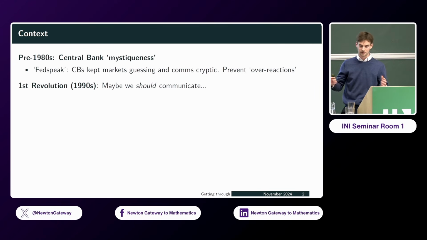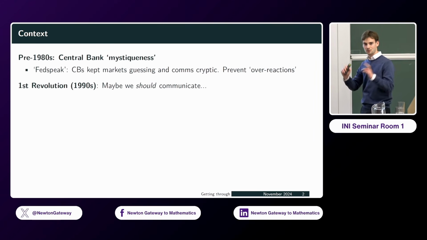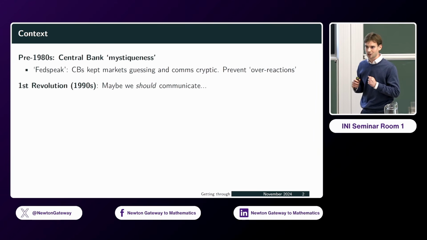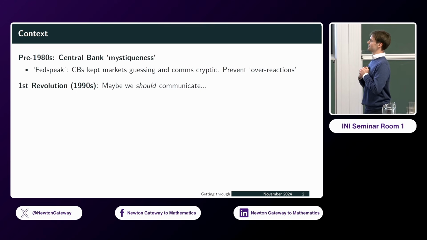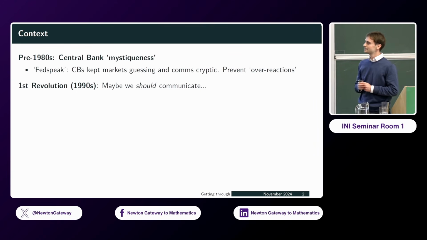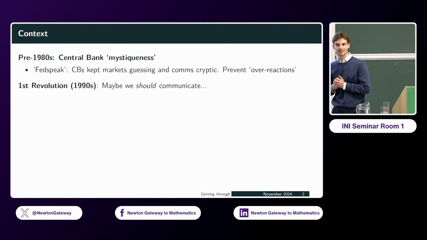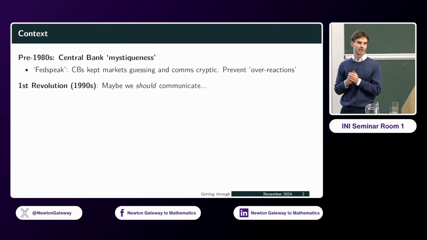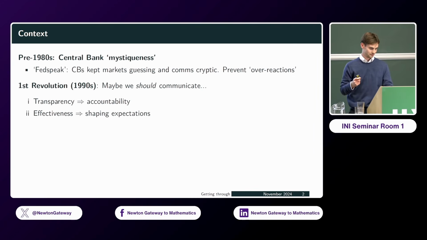But as of the 1990s, there was what we've referred to as a first revolution in central bank communications. There was this idea that, oh, maybe we should communicate. And you might be thinking, well, is there a need? All the central bank does is set interest rates. What is there to communicate beyond that? Well, there are 2 reasons.